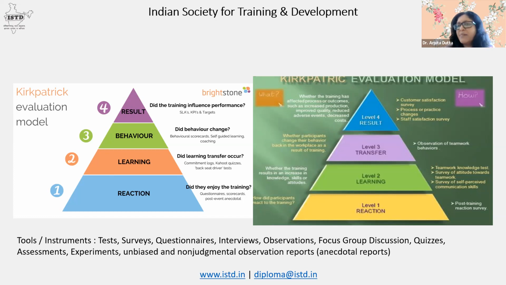So it's a multi approach, apart from the training. In order to check how your communication program was, at the 4th level you will have to take input from the customer, from the manager, on how people are communicating with their peers, with their clients.